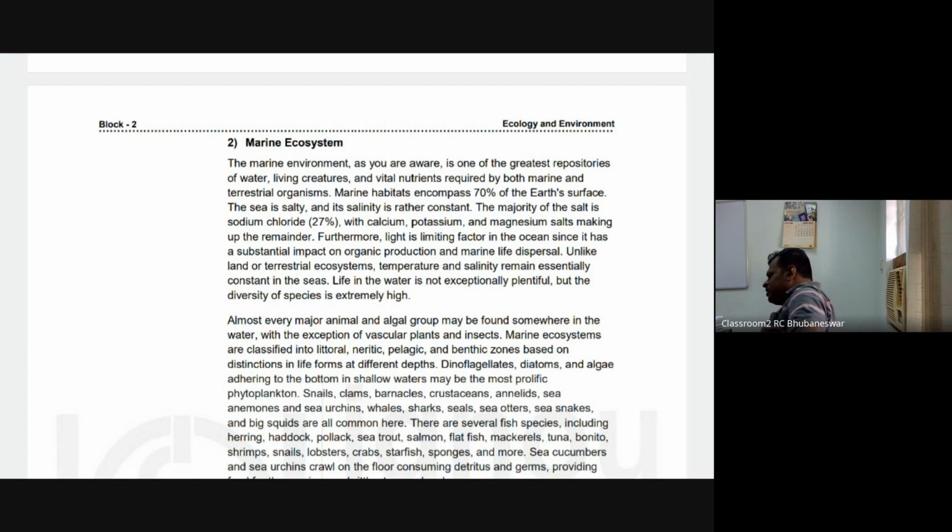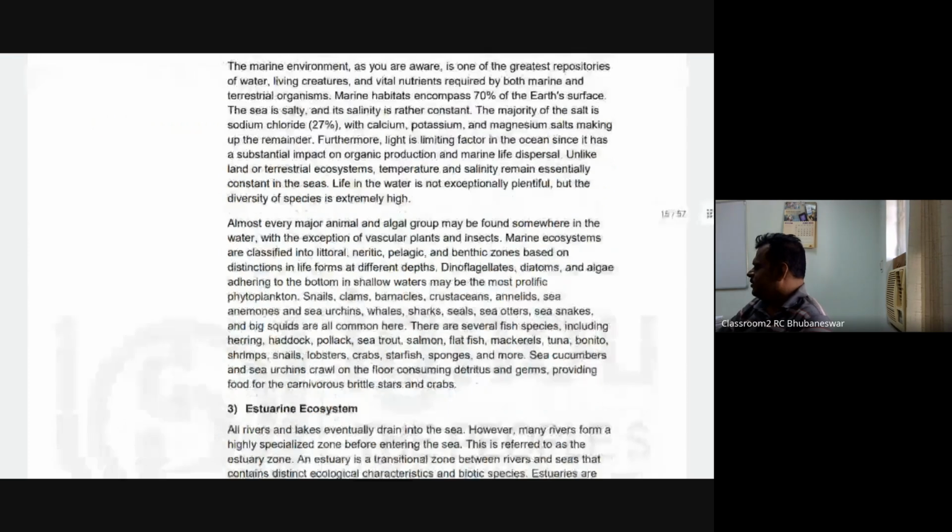Corals need a certain range of temperature within which they can flourish, and they cannot survive in very low temperatures. So marine ecosystems also depend upon the climate of that place and other factors.